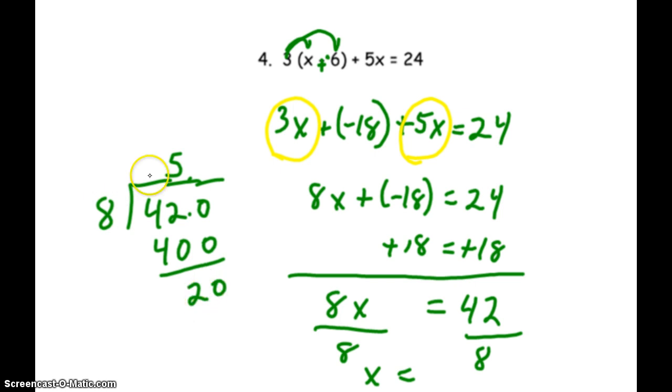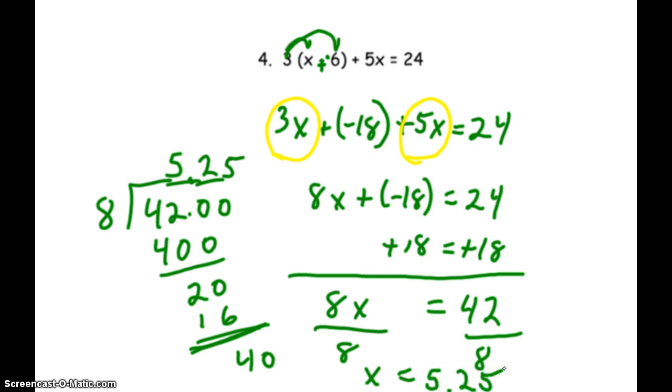Eight goes into 20 2 times. Eight goes into 40 5 times. So x would be equal to 5.25.